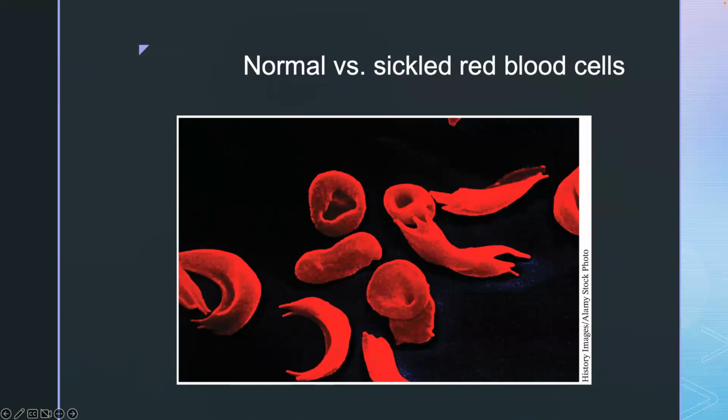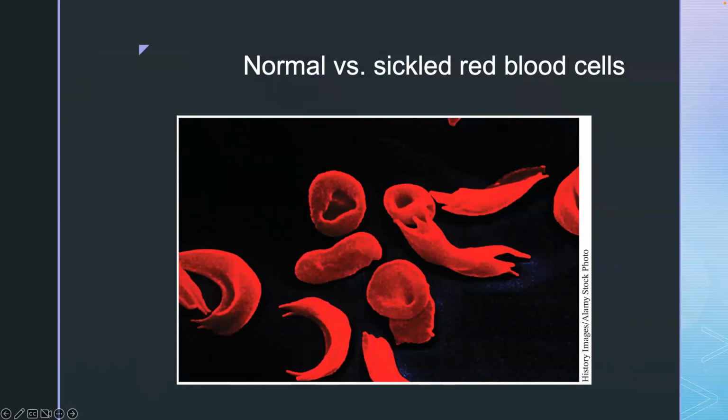Some symptoms: this blocked blood flow through the body can lead to serious problems, including stroke, eye problems, infections, and a lot of people have a ton of chronic pain associated with sickle cell. Unfortunately, sickle cell is a lifelong illness, and right now the only cure is a blood and bone marrow transplant.